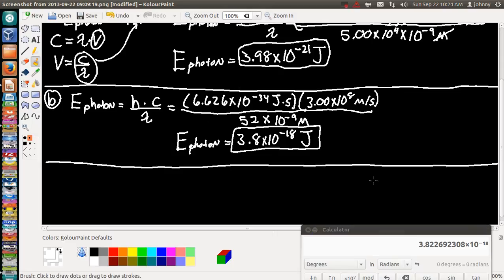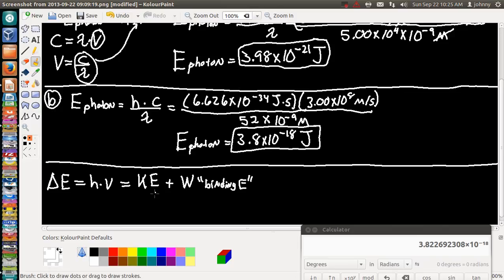We know that we have the formula of basically the difference of the energies that we're going to be talking about here is equal to h times v, but that's also equal to kinetic energy plus W, and W is the binding energy.